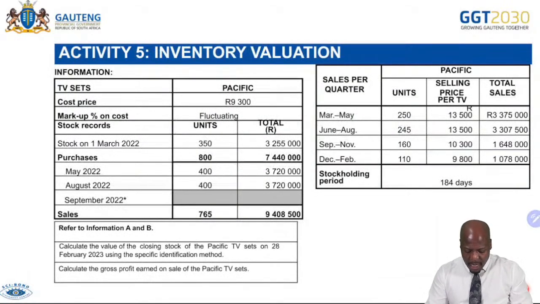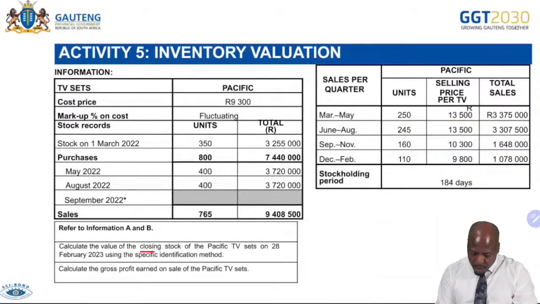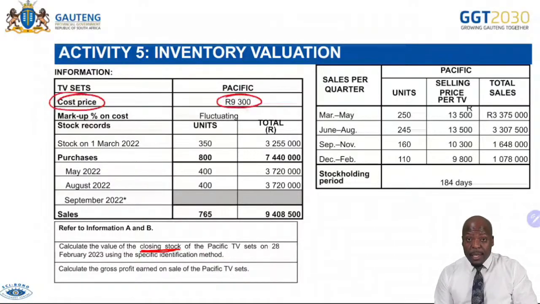Okay, so this is the information that we are given. And then when you come here, you would see that when you are calculating your value of closing stock, one of the common things that you'd find is your cost price, that your cost price is the same.